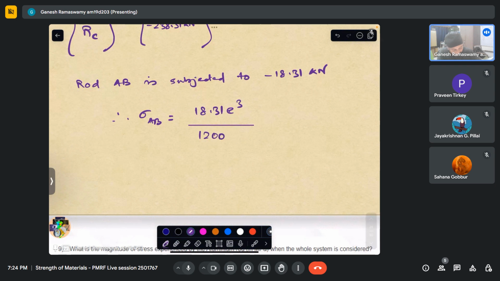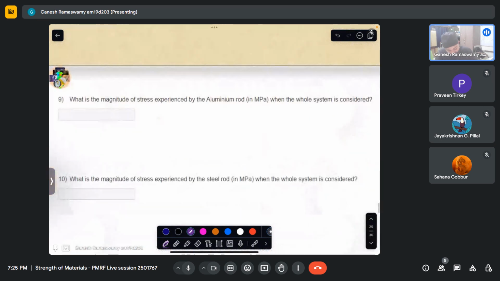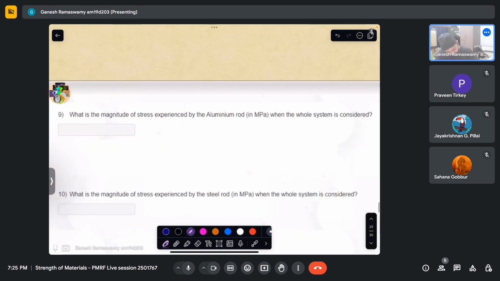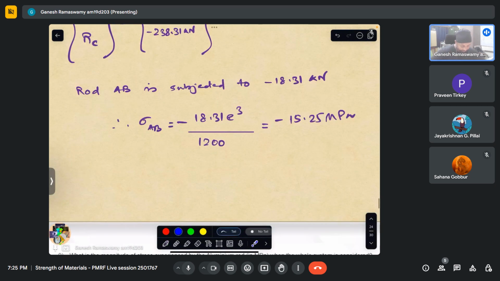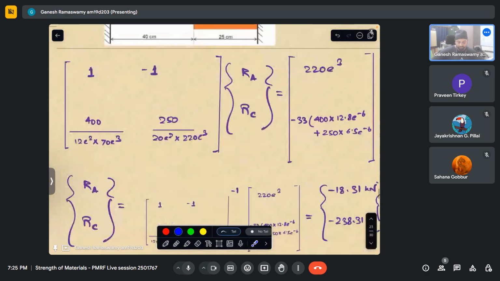So this will be 18.31E3 by 1200, which comes to minus 15.26 MPa. The magnitude is asked, so in fact we should not decide based on this minus sign.